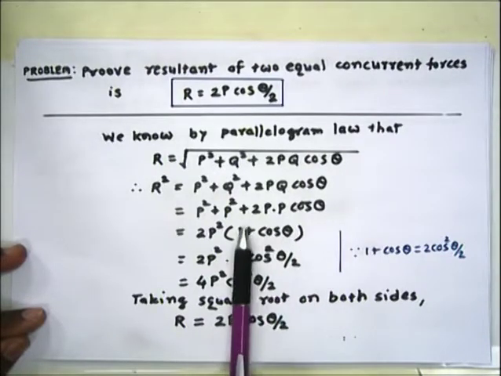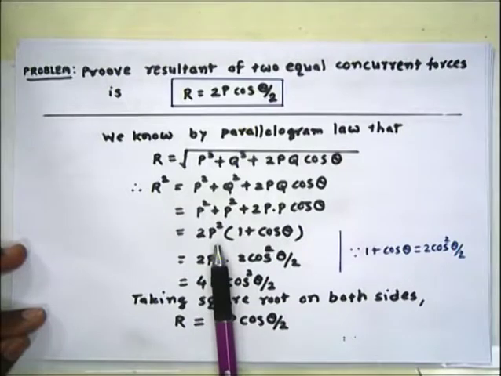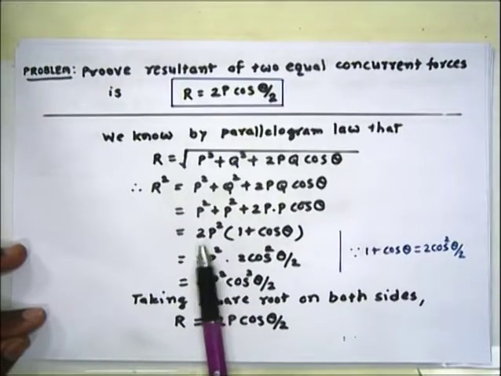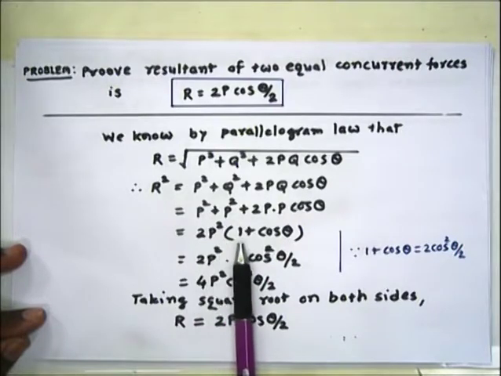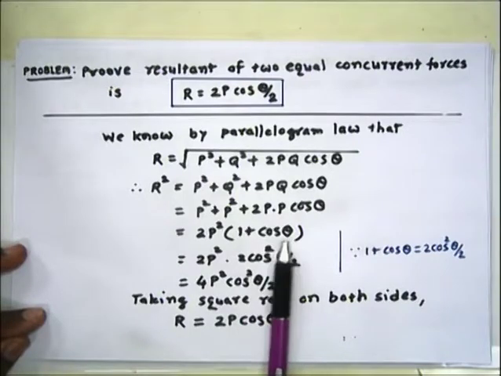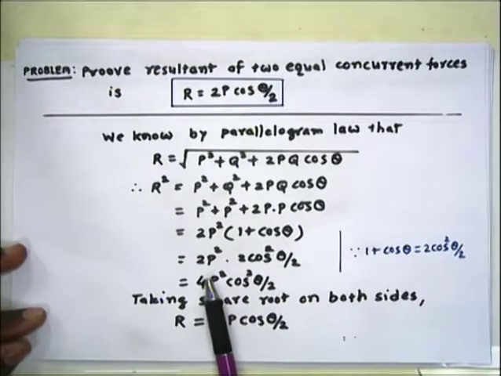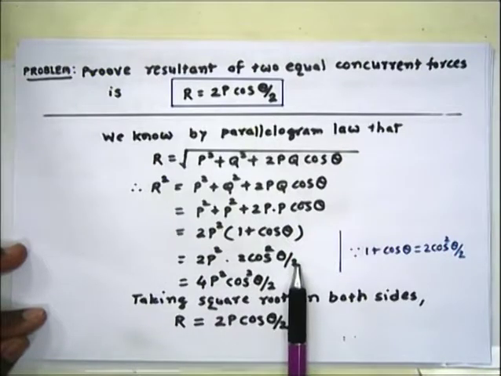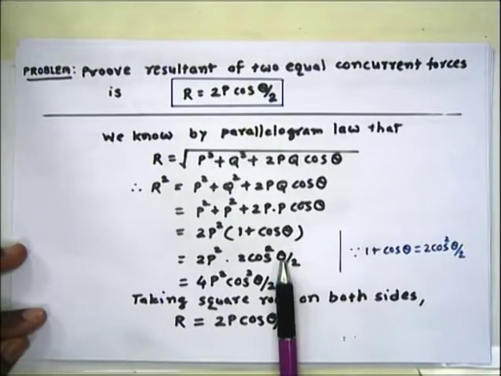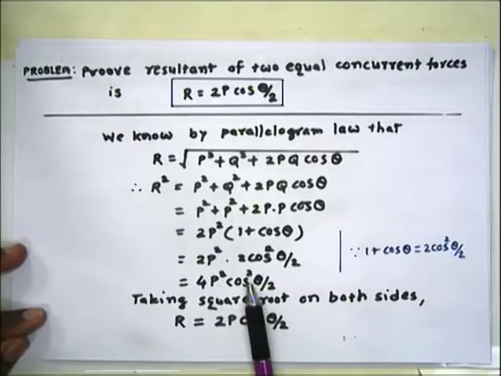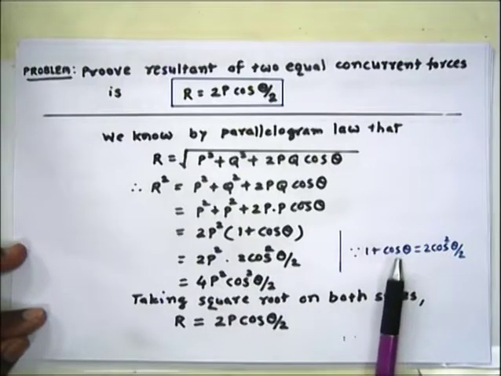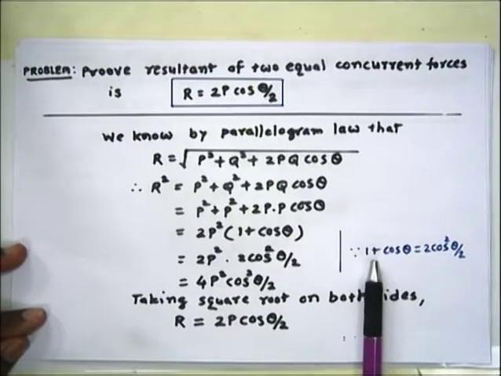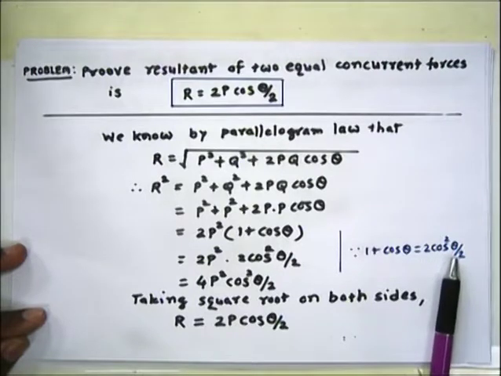Finally, simplifying, R square is equal to 2P square into bracket 1 plus cos theta. Here it is given in geometry that 1 plus cos theta is equal to 2 cos square theta by 2.